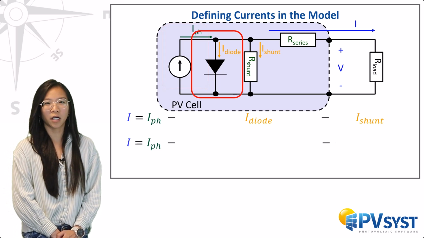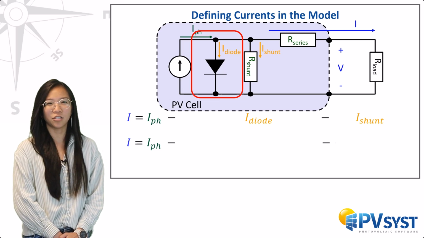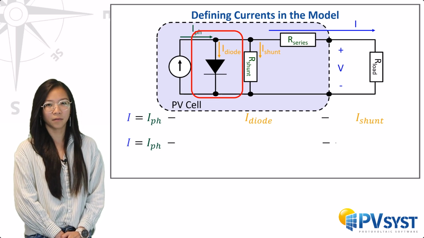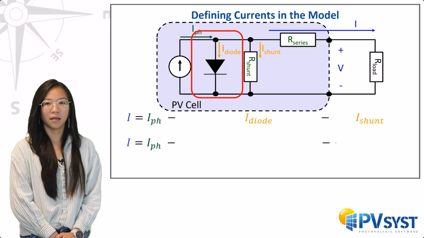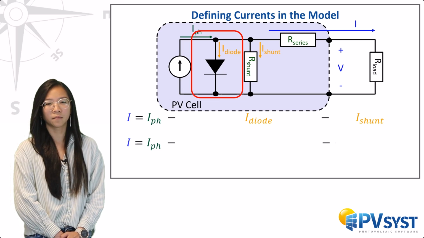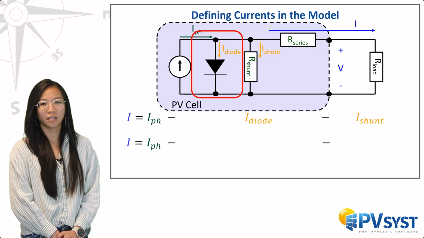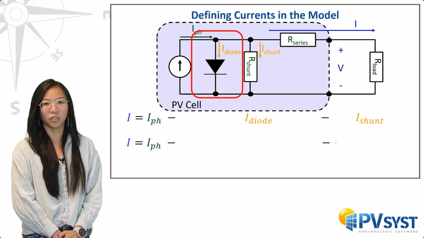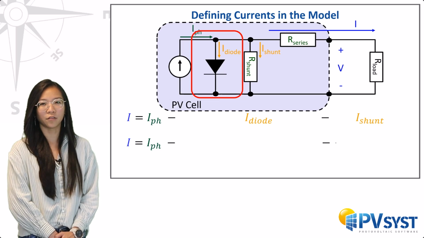Some of this photocurrent passes through the diode, which is the basic p-n junction of the solar cell. We have seen previously with the Shockley equation that when increasing the voltage at the terminals of the diode, we have a current quasi-null at low voltages and suddenly growing exponentially with the voltage with a knee around 0.5 to 0.6 volts.